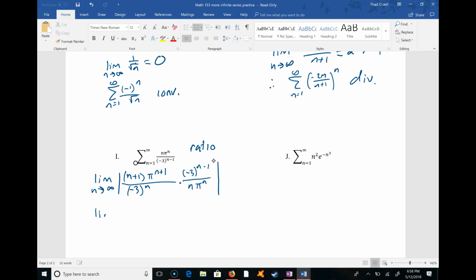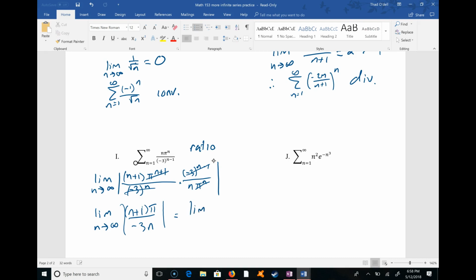And so when we simplify things, that's going to leave me with, well, that will cancel with that, leaving just a negative 3 on the bottom, and there'll be an n on the bottom, because those n and n plus 1s won't cancel. And then the pi to the n and the pi to the n plus 1 will cancel, leaving just a pi on top. So now when we take the limit, oh, and that's absolute value, so that'll take care of the negative.